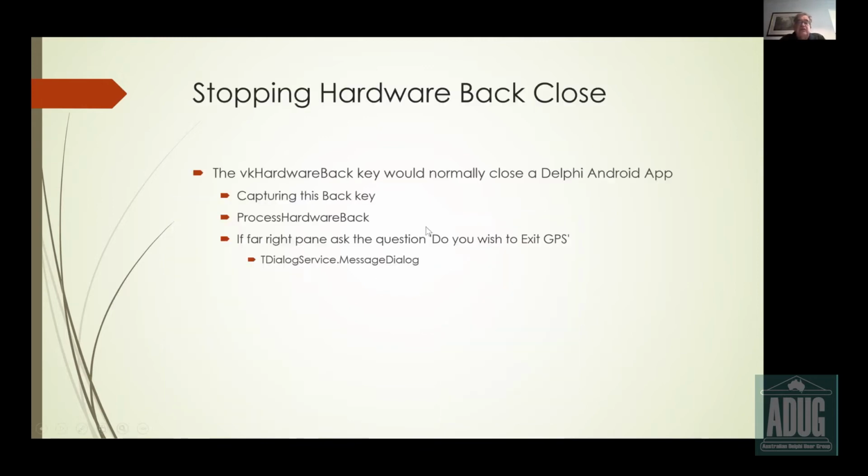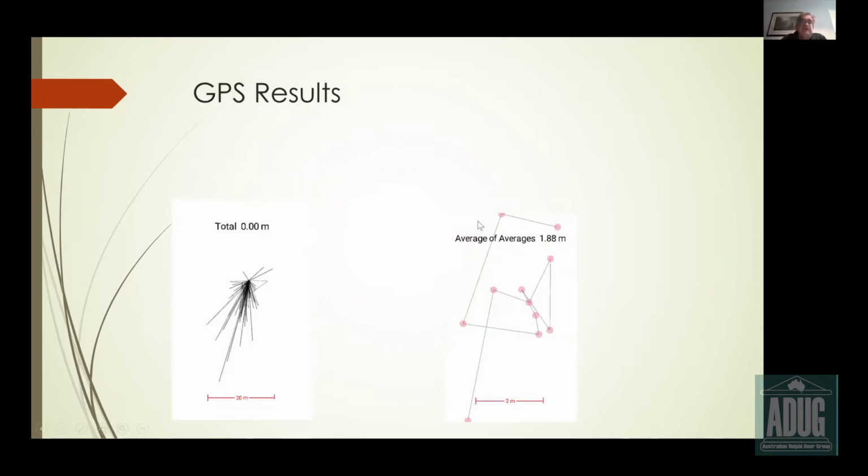Now these are two of the plots that we're actually getting from leaving the phone sitting on top of the computer. The phone wasn't actually moved, but by plotting all of the values over quite a period of time, you can see there are sort of 20-meter drops.